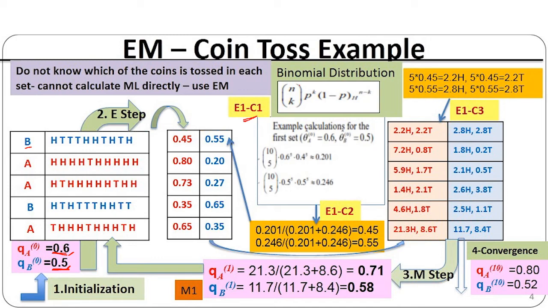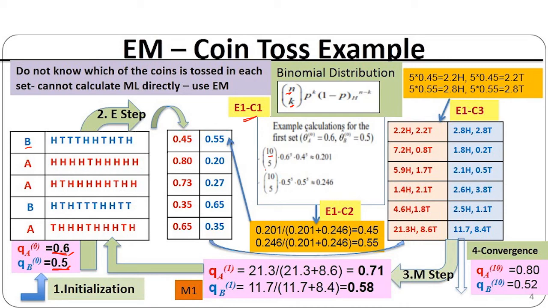So this is the binomial distribution formula: n choose k, times p to the power k, times 1 minus p to the power n minus k. Here n is the number of elements and k is the number of events which occur. From this example, the n value is 10, so the total number of tosses is 10.